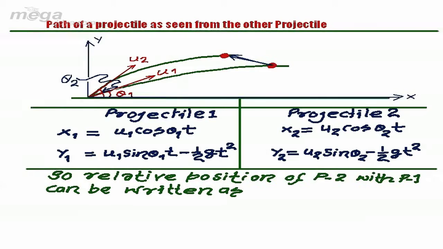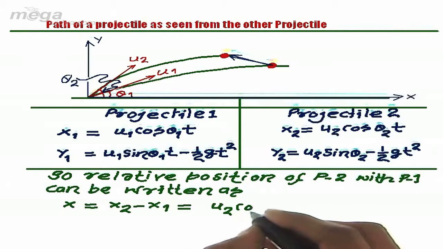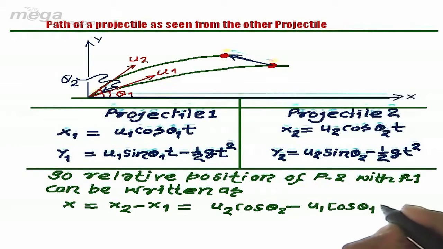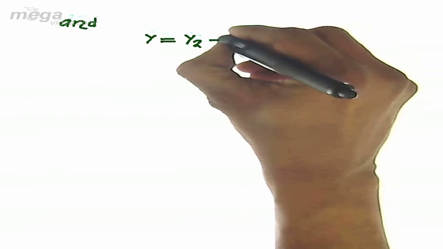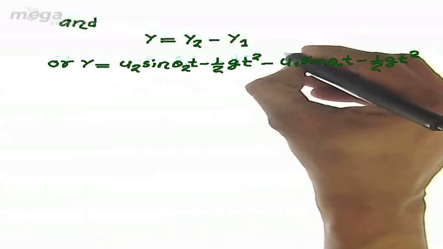So the relative position of projectile number 2 with respect to projectile number 1 can be written as x equal to x2 minus x1, or u2 cos theta 2 minus u1 cos theta 1 times t, and y can be written as the y coordinate of the second projectile minus the y coordinate of the first projectile, or u2 sin theta 2 t minus half g t square minus u1 sin theta 1 t minus half g t square, with these terms in brackets.